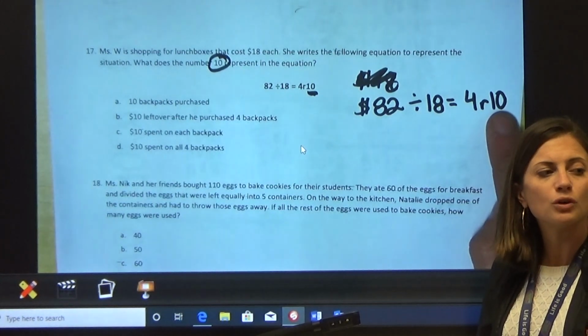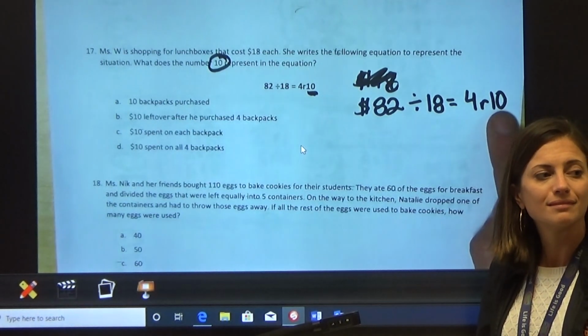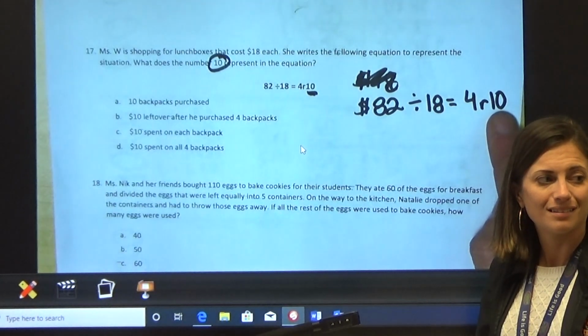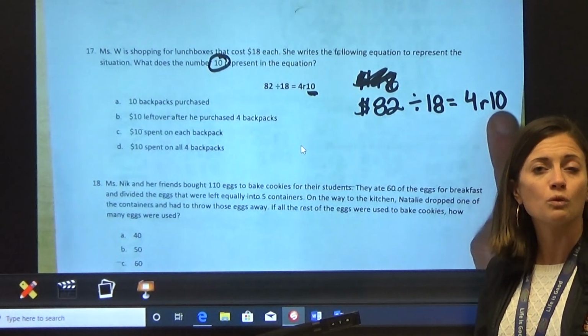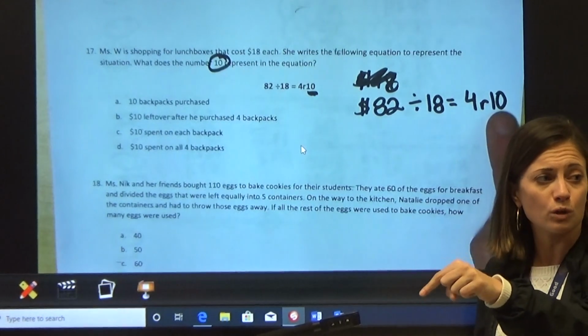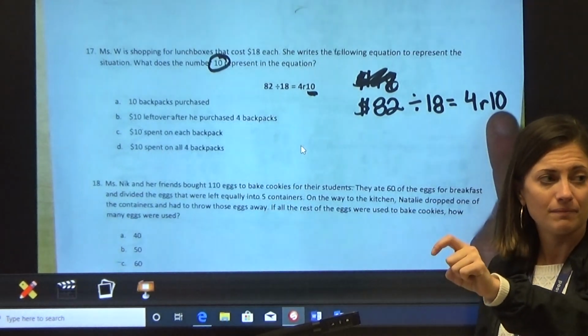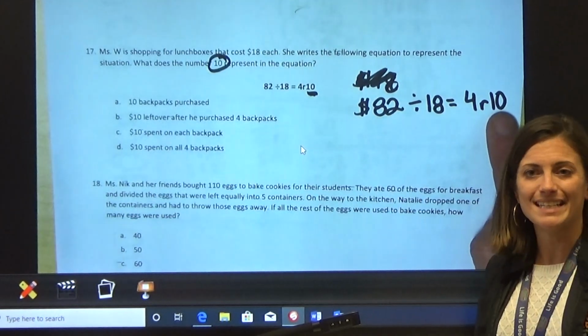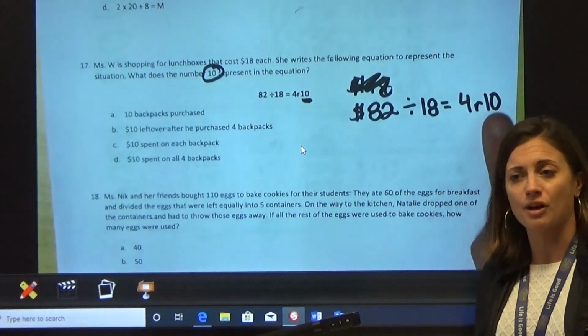Leftover. Leftover what, lunch? Leftover after she purchased the 4 backpacks. So how many backpacks are left over in the store after she buys them? He said a keyword, leftover. Who can build off of that?